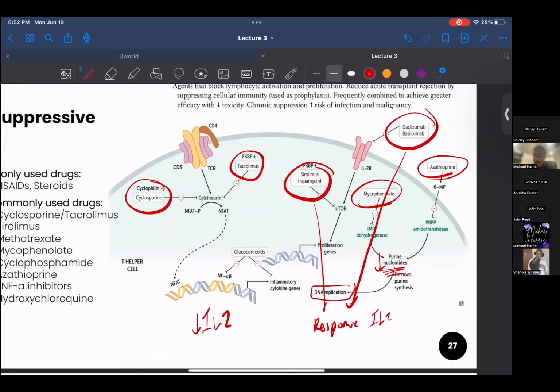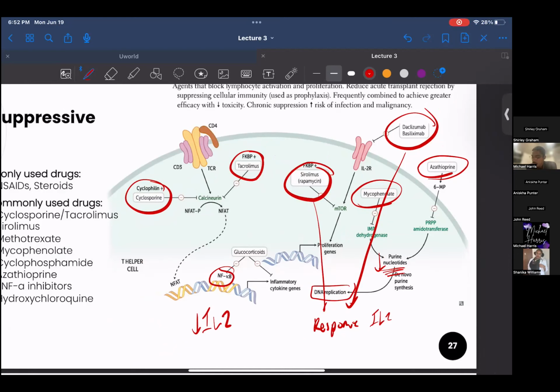And then the last thing has to do with NF-kappa beta. If you remember, all these pathways we talked about, you send signals down CD3 on the T cells, they get activated, they send signals down and they activate NF-kappa beta.